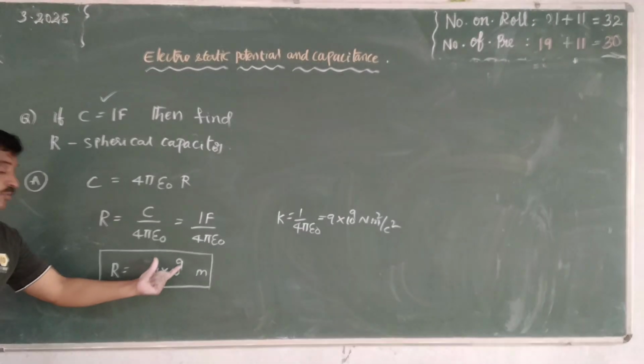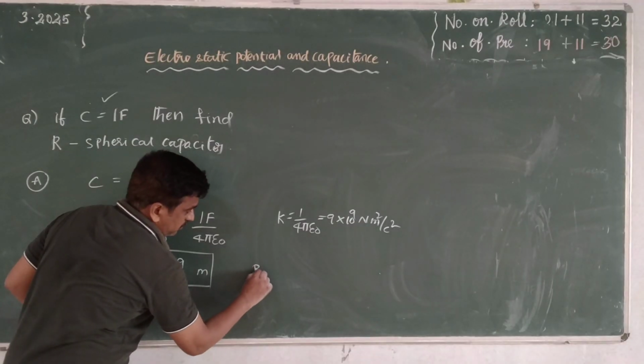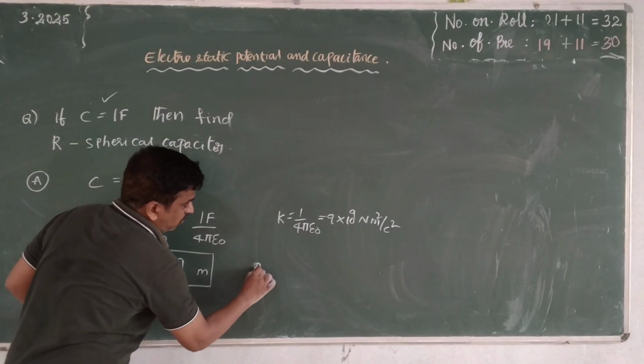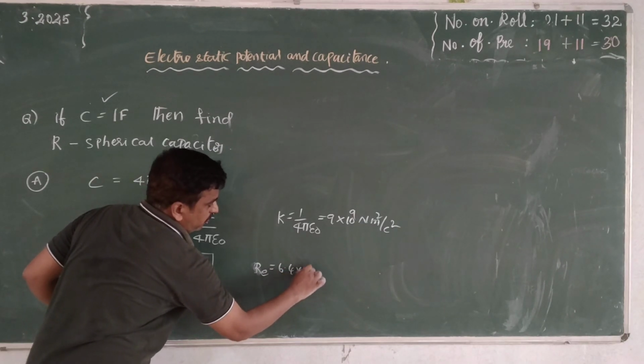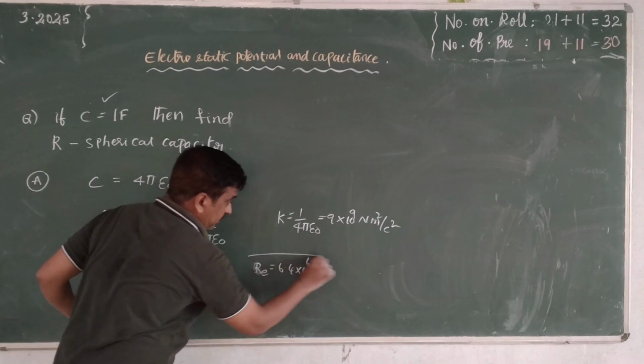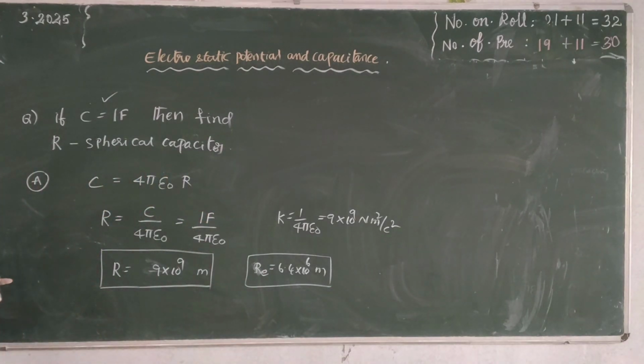Now 9 into 10 power 9 meters, even though the radius of the earth is only 6.4 into 10 power 6 meters. To have a sphere providing 1 farad of capacitance is very difficult.